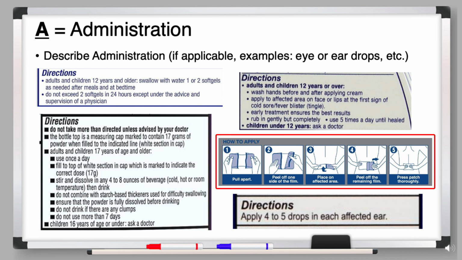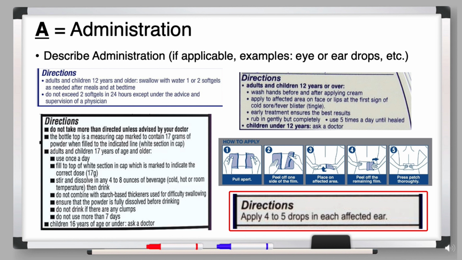Now, on the right-hand side in the middle, this is an example from Salonpas pain patches, where the directions on the back actually have nice illustrations on how to administer the patch. So this is where you could use that information to help explain to the patient as well. And really my last example here is the fact that some products do not provide any real administration information beyond the basic dosage.